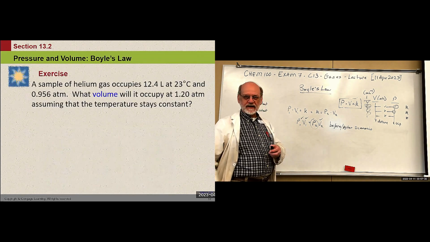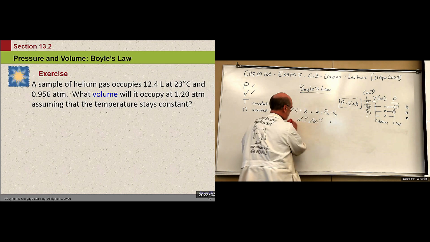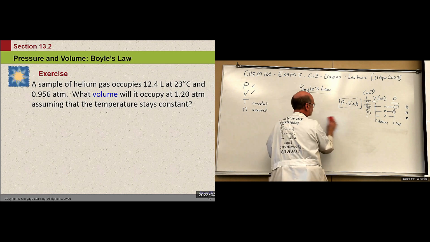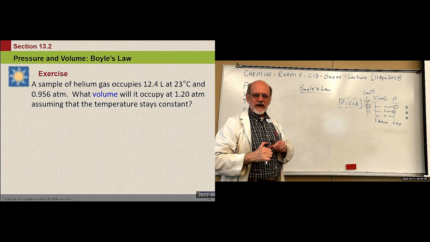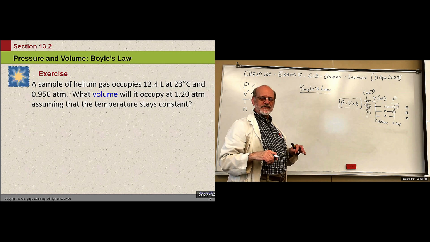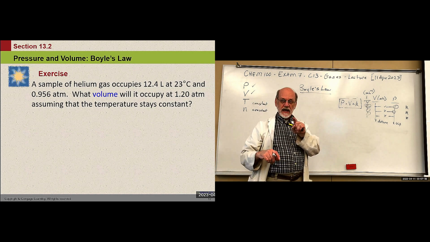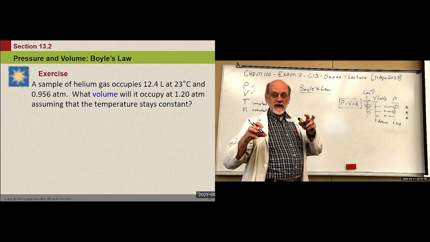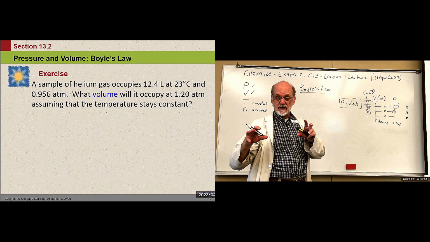All right. So here's an example. A sample of helium gas occupies 12.4 liters at 23 degrees C and 0.956 atmospheres. When you're going to use these formulas and you're working from a word problem, always remember, word problems are designed to confuse.